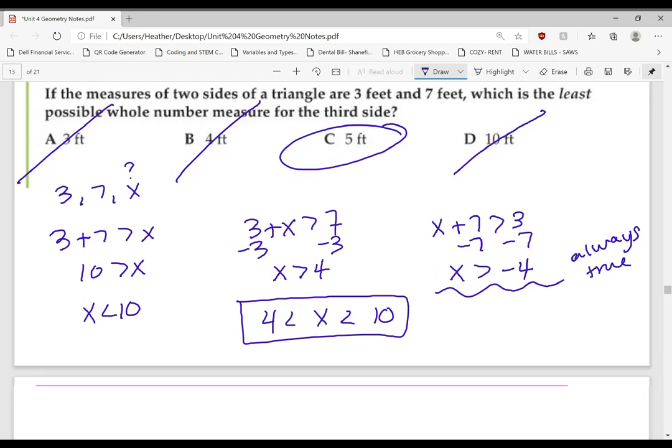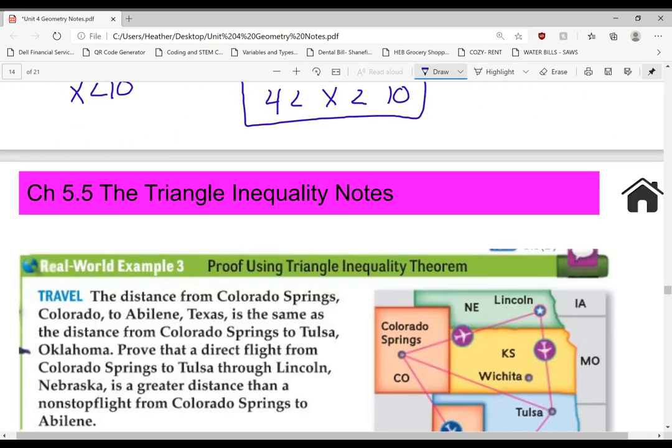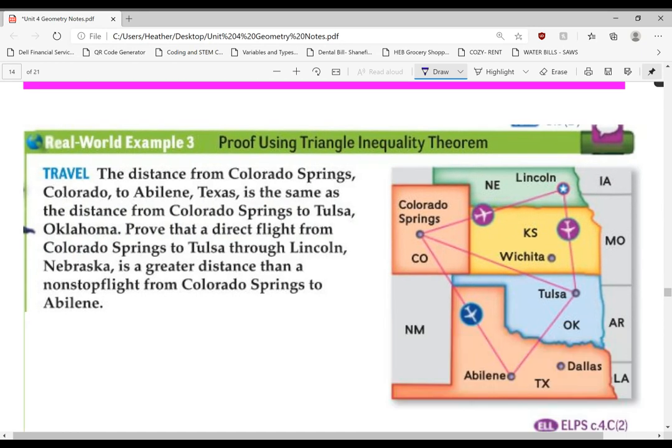Okay, let's go ahead and look at the next example, which is the last example, example 3. It says, the distance from Colorado Springs, Colorado to Abilene, Texas is the same as the distance between Colorado Springs to Tulsa, Oklahoma.